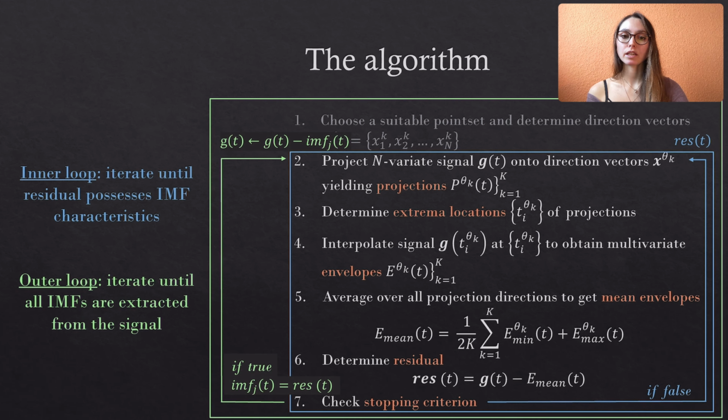This loop repeats until all IMFs are extracted. Here the residual is assigned to an IMF and the sifting proceeds with the updated signal x of t, which is just the previous signal x minus the novel IMF. The complete decomposition stops when all projected signals have less than 3 extrema.